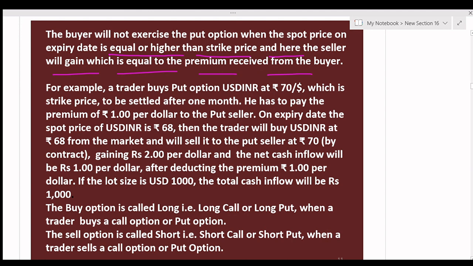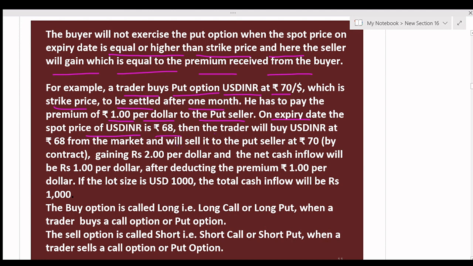For example, a trader buys a put option USD INR at the rate of rupees 70 per dollar, which is the strike price, to be settled after 1 month. He has to pay the premium of rupees 1 per dollar to the put seller. On expiry date, the spot price of USD is rupees 68 per dollar.